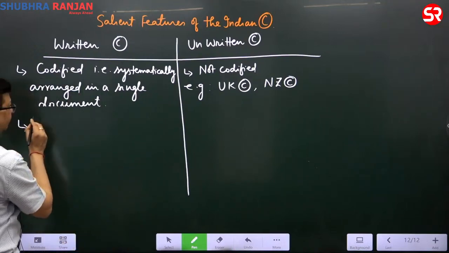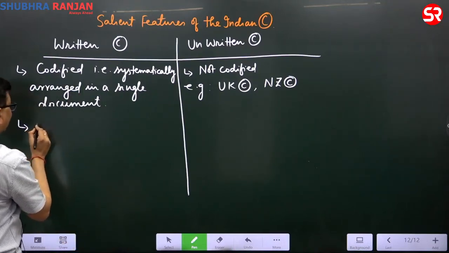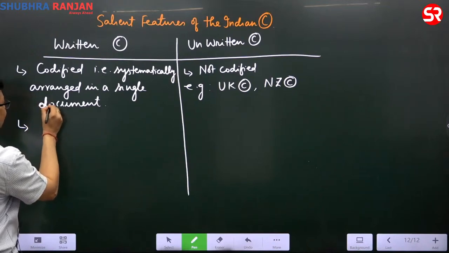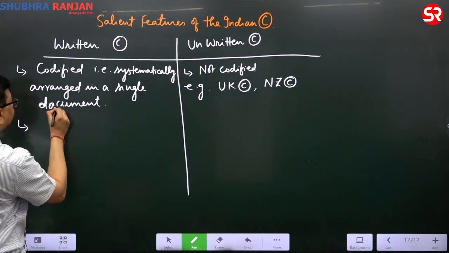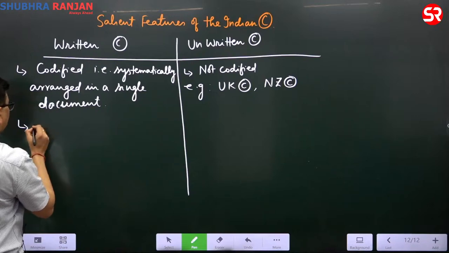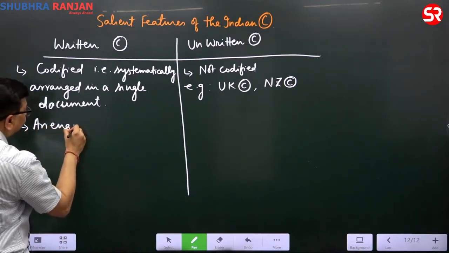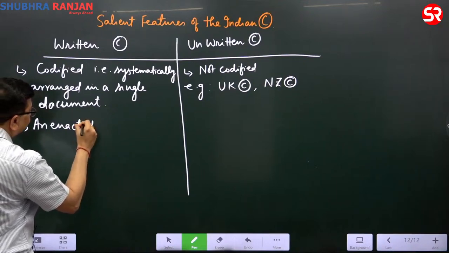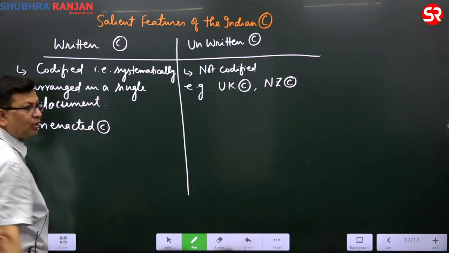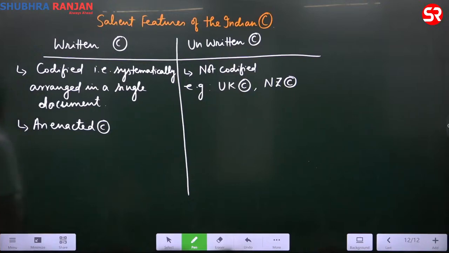Secondly, the written constitution is an enacted constitution. What is an enacted constitution?